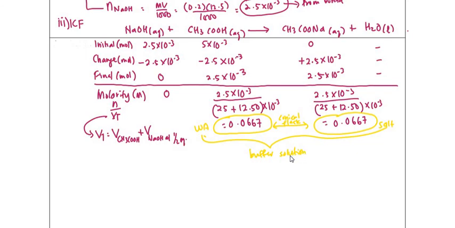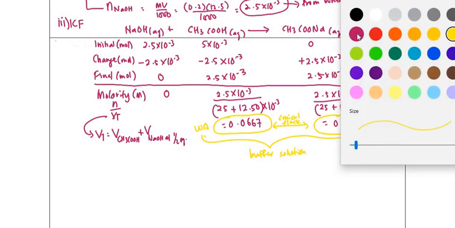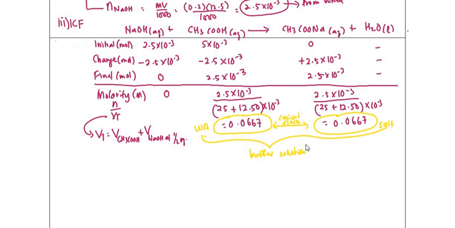Okay? So, macam mana kita nak cari pH buffer? Okay. Masih ingat nak cari pH buffer? pH buffer mesti menggunakan Henderson-Hasselbalch equation. Kalau pH untuk acidic, kalau dia pOH untuk basic.